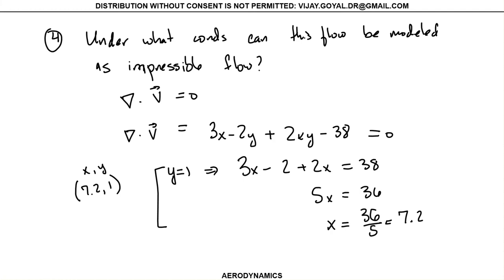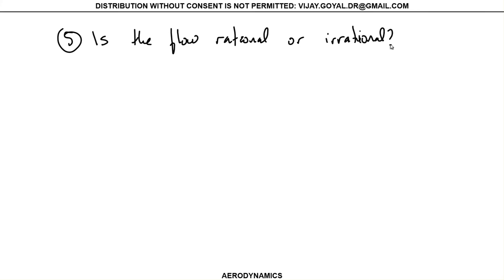And if I asked you a simple question, is the flow rotational or irrotational? How do we know that? Well, we knew that if my vorticity was different from 0, then it was rotational, because it had a value.